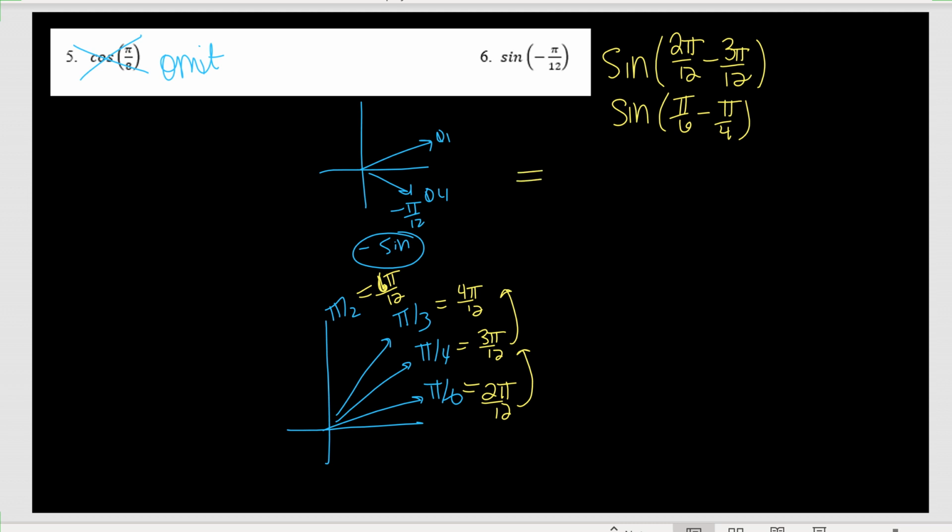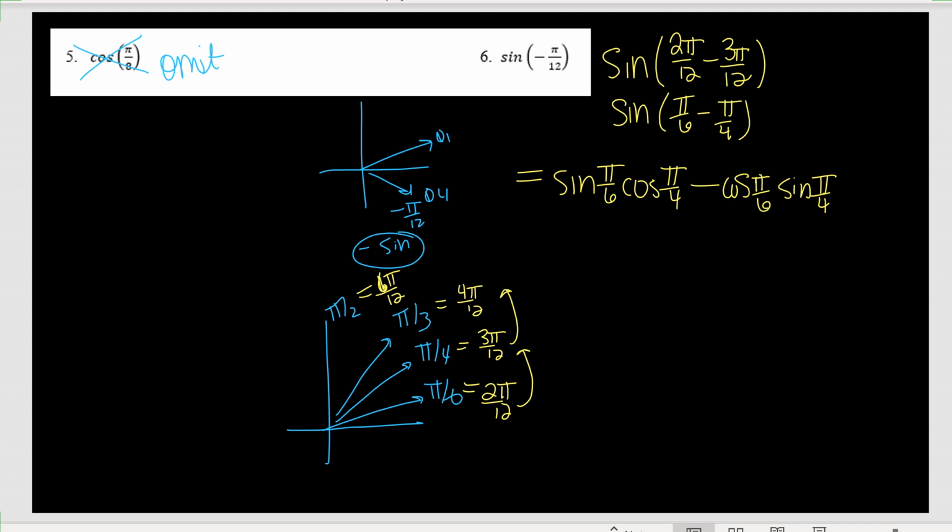All right, the difference formula for sine, it's sine of the first angle multiplied by cosine of the second minus cosine of the first angle multiplied by sine of the second angle.